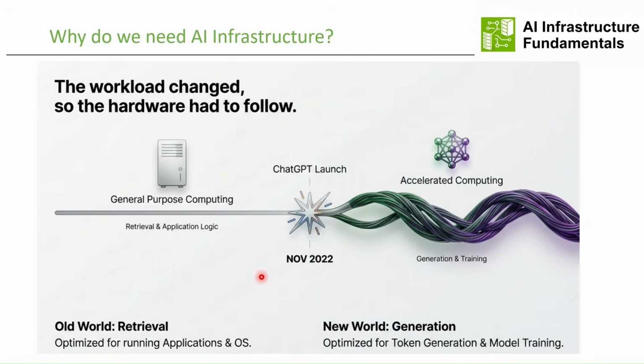That's what they do. But post the launch of ChatGPT, a whole new world of accelerated computing emerged. These workloads are quite heavy in terms of training and inference, right? They demand a different sort of hardware altogether.